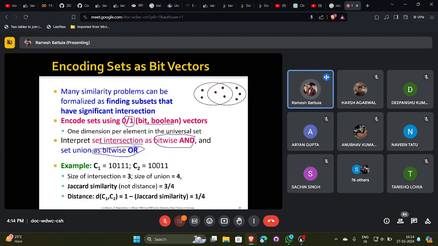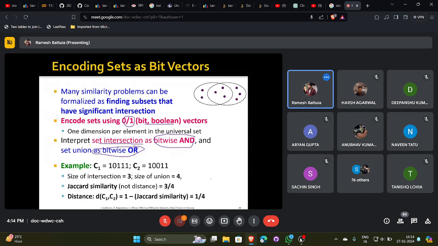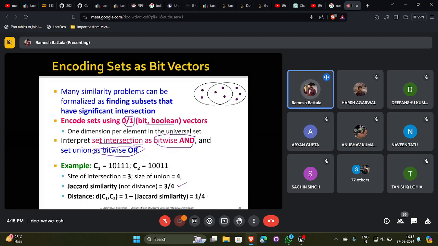For example, take C1 and C2: the size of the intersection is going to be 3, and the size of the union is going to be 4. In that case you calculate the Jaccard similarity and the Jaccard distance.